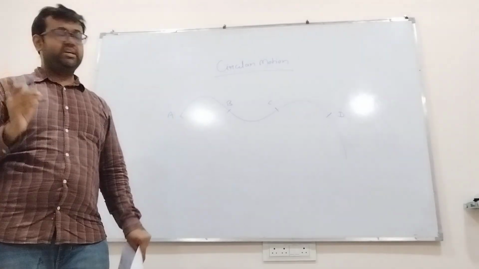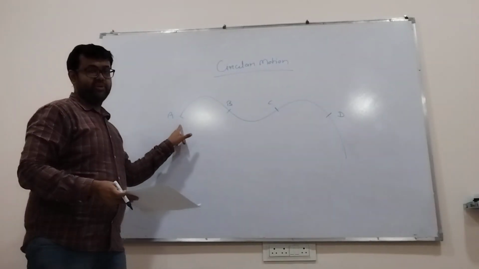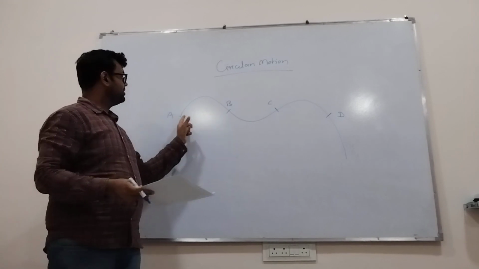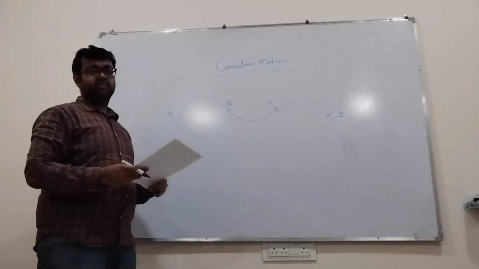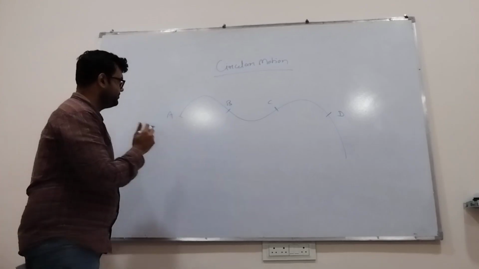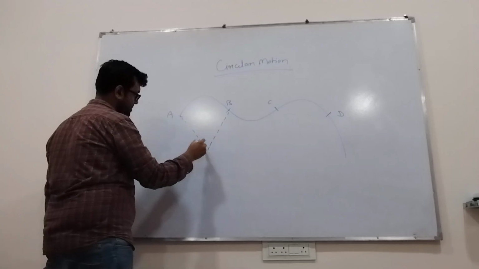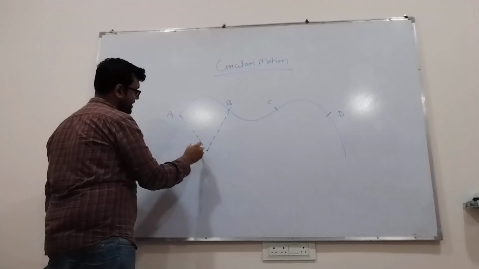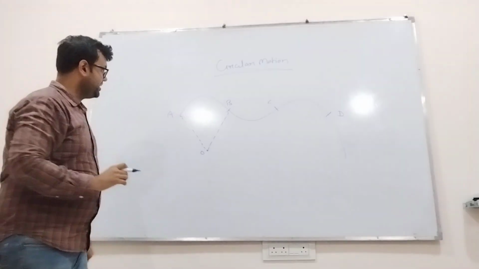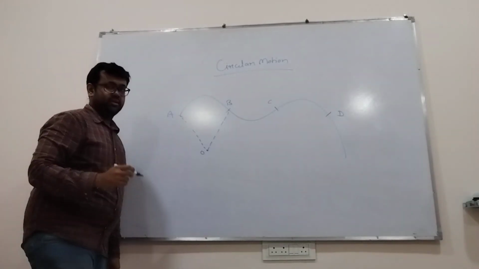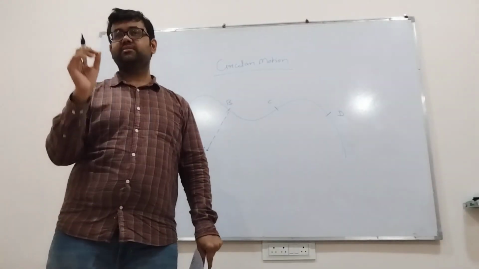So if you see, when the point is moving from A to B, this part AB is the part of a circle. Right? This point O is the center of the circle, and this length OA is nothing but the radius of that circle.